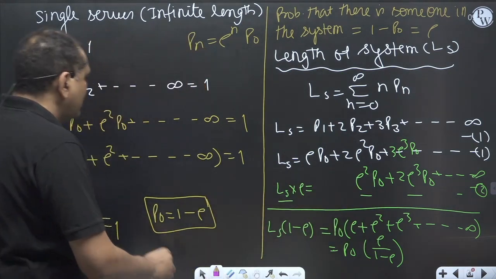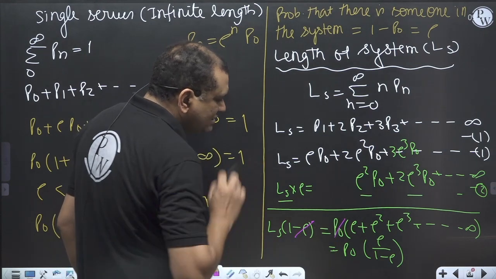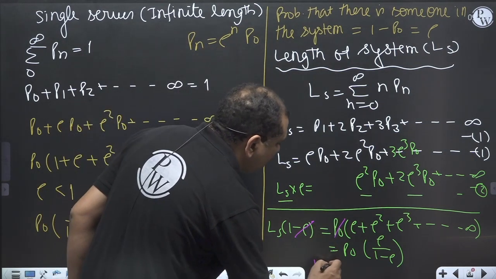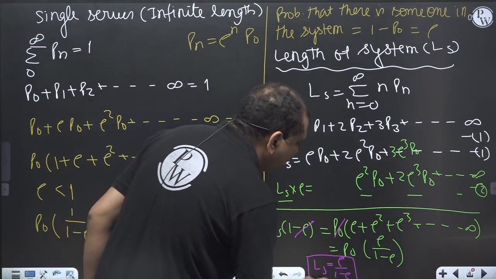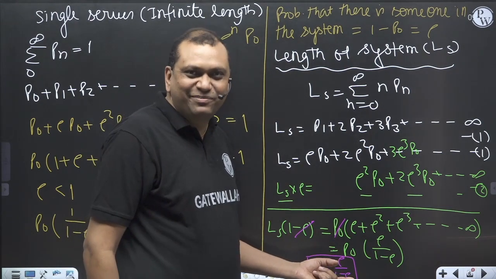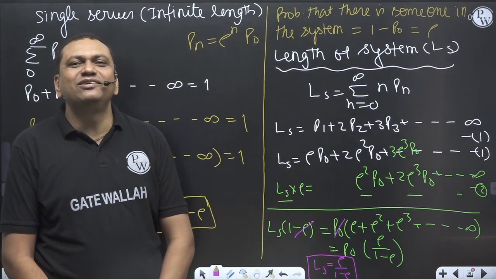Correct? P naught is 1 minus rho, so this will cancel out. So Ls will be rho over 1 minus rho. This formula you must have mugged up. That's how the proof comes out.